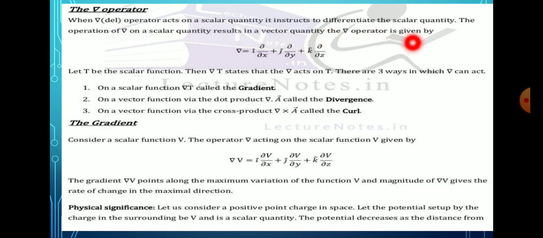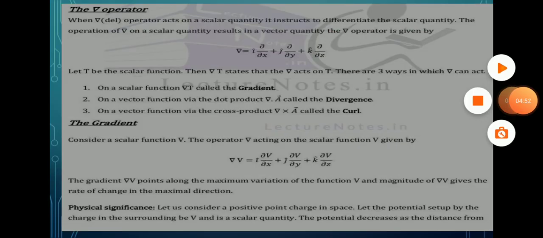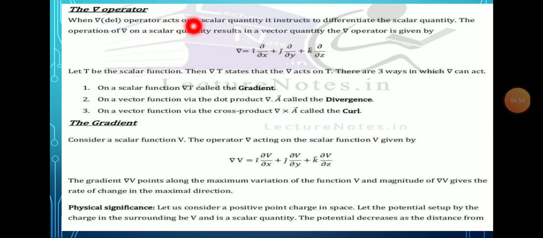The del operator is given by del is equal to i cap dou by dou x plus j cap dou by dou y plus k cap dou by dou z.